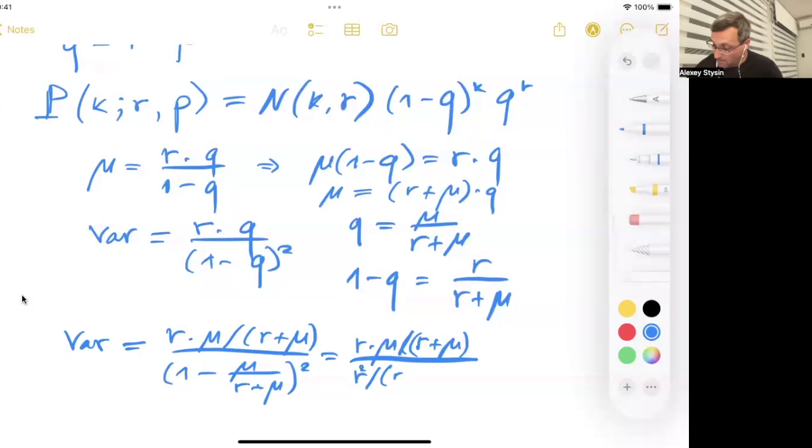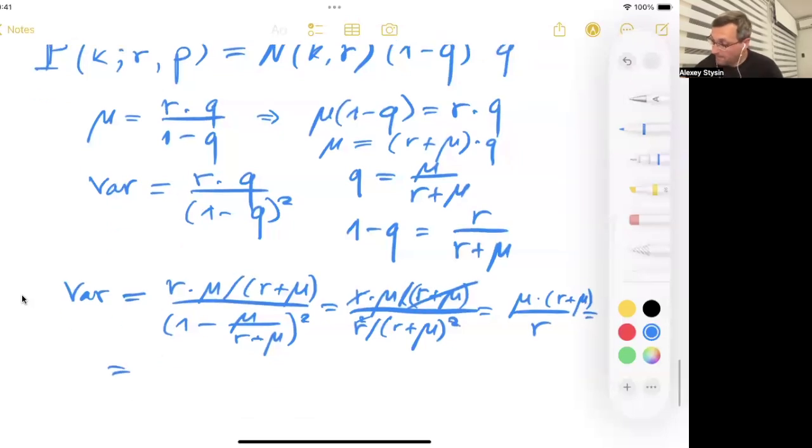So now we cancel R. Here we'll lose the square. We cancel this from here. So we get mu times R plus mu over R. And therefore we get mu plus mu squared over R.